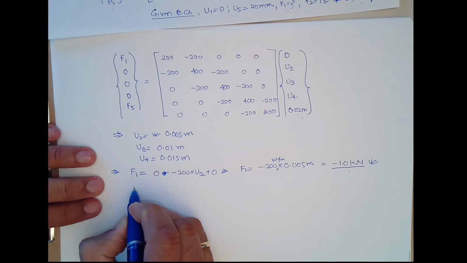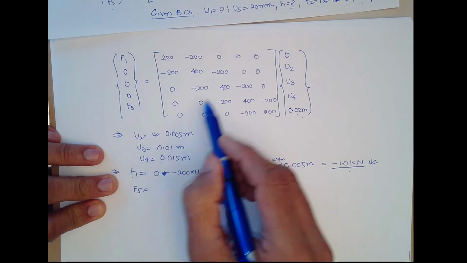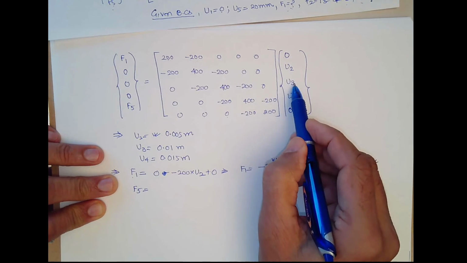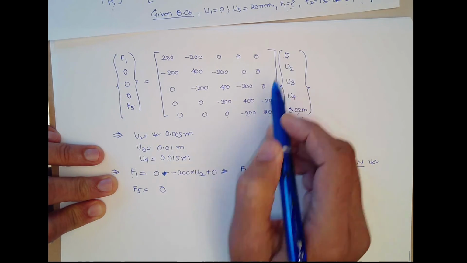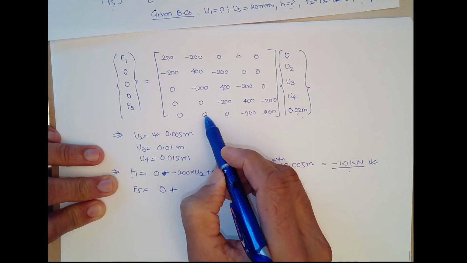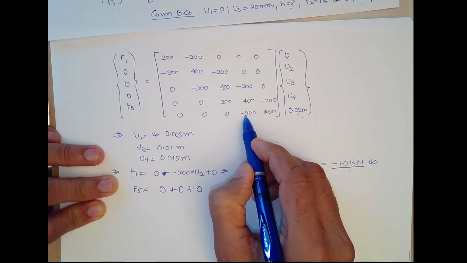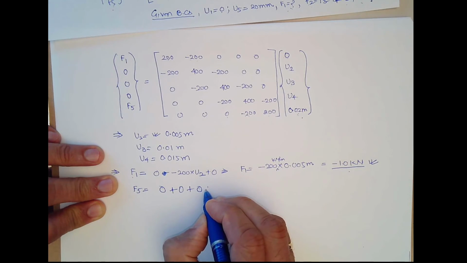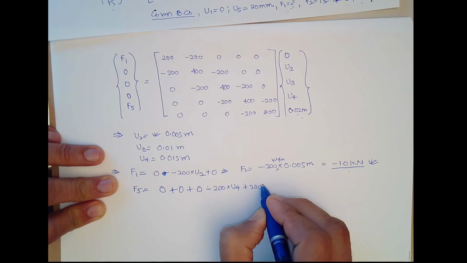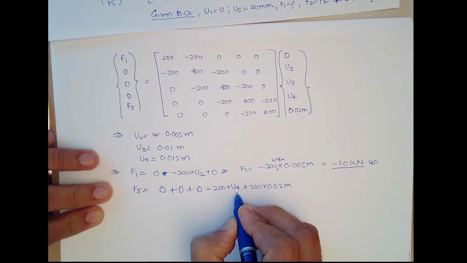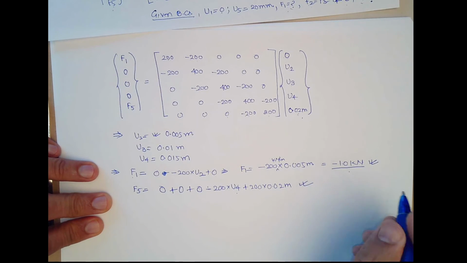For F5, this into this plus this into this plus this into this plus this into this plus this into this equals F5. So 0 into 0 plus 0 into U2 plus 0 into U3 plus 0, plus minus 200 into U4 plus 200 into 0.02 meter. U4 you have already determined.